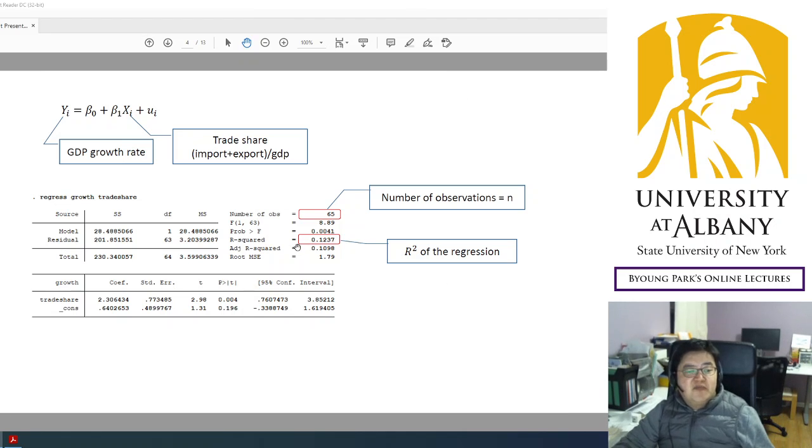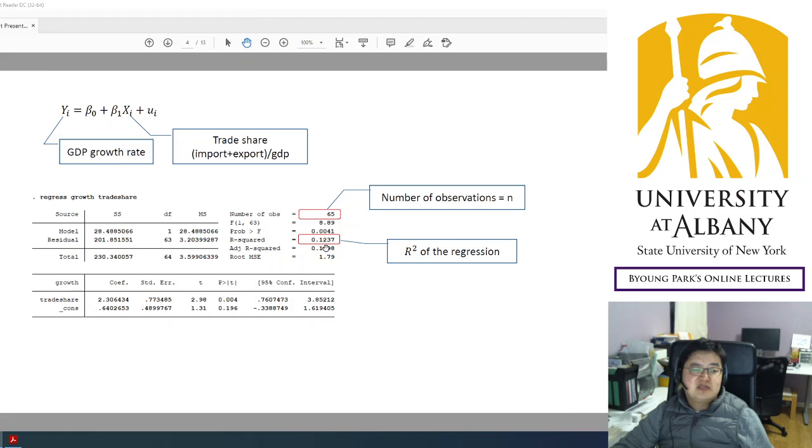Then is it good? So 12% is not bad. There are many other factors that will determine the GDP growth rate. But using only one variable, you could explain 12%, which is actually more than I expected.